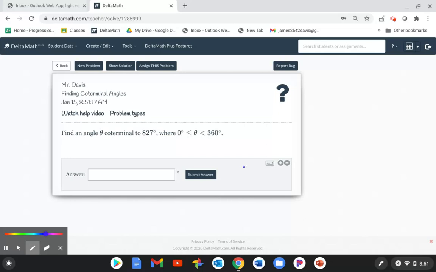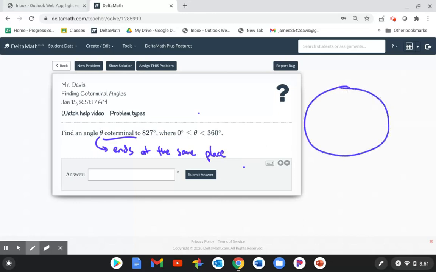So a coterminal angle is basically just an angle that ends at the same place. So for example, if I were to draw a unit circle, which is just a circle with a radius of 1, meaning it goes out to 1 out there, and I were to draw 2 angles, let's say the first angle here is 45 degrees, it would be about right there.